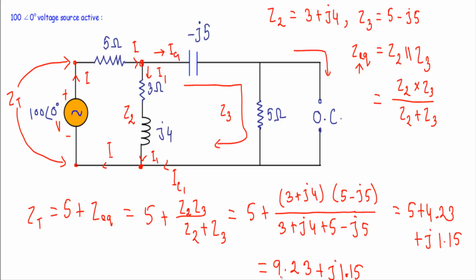If I take the polar form of 9.23 plus J1.15, I will get total impedance ZT equal to 9.30 phase angle 7.12 degree.